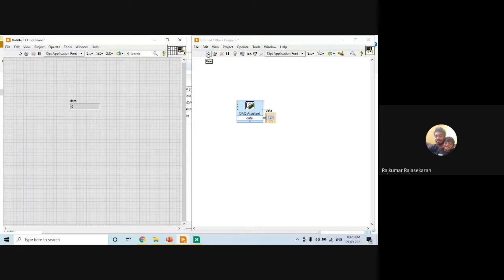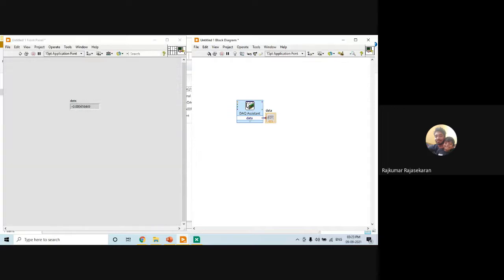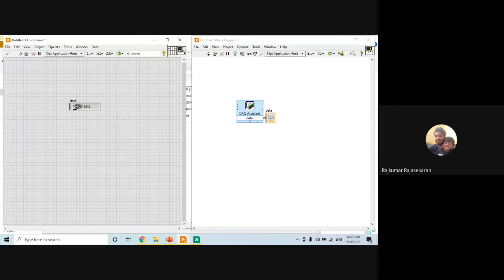Now if I just run this, every time I run it, it's going to give me a random value because I have not connected anything over there. It's going to have some noise, it's not going to be perfect, and depending on the noise, it's about how much resolution we can trust or not trust.